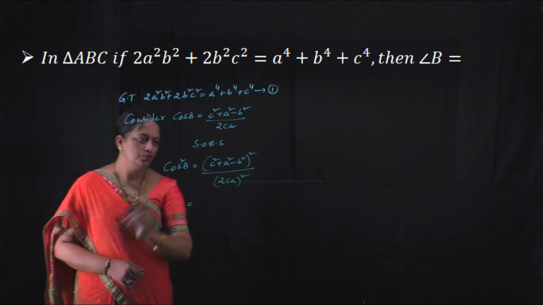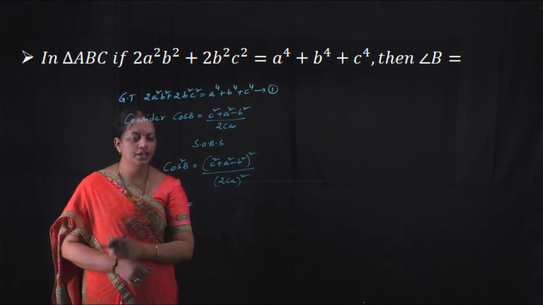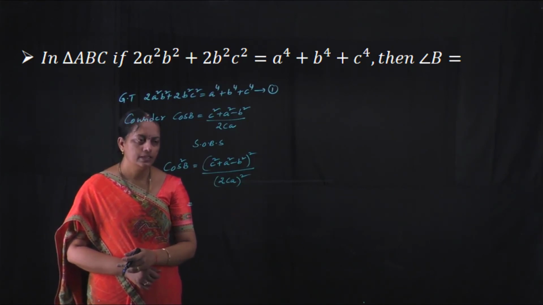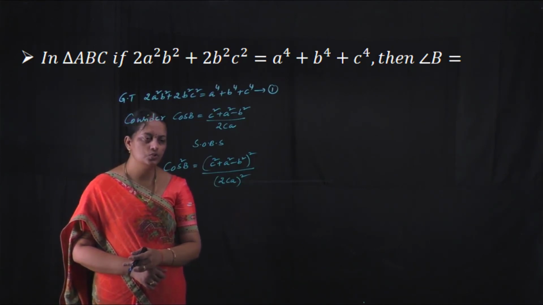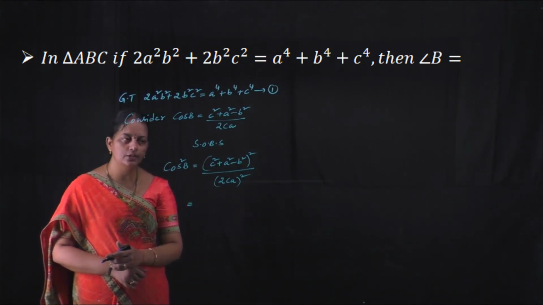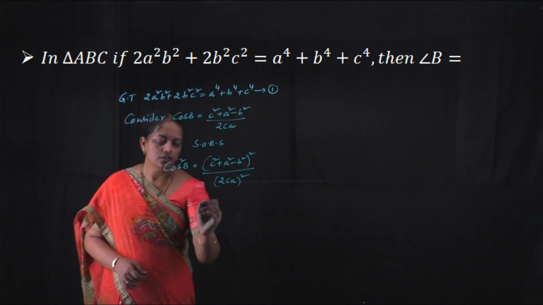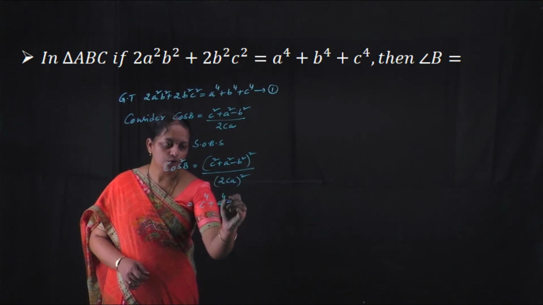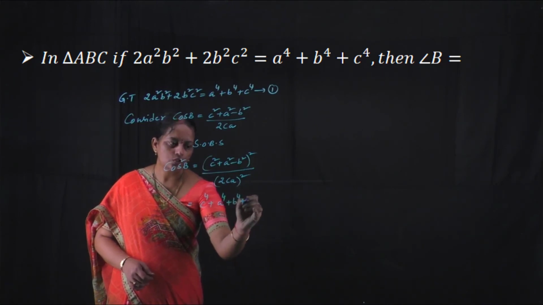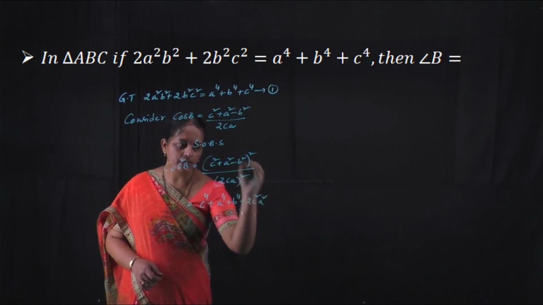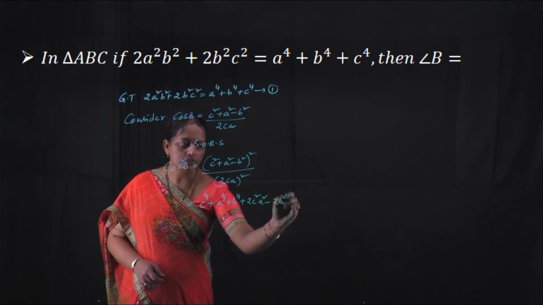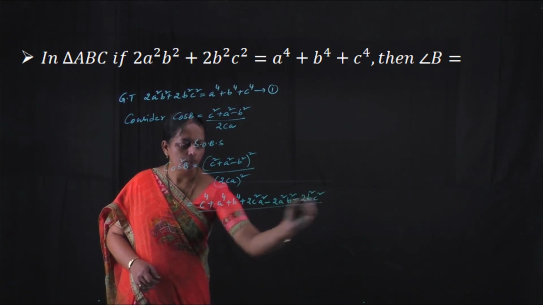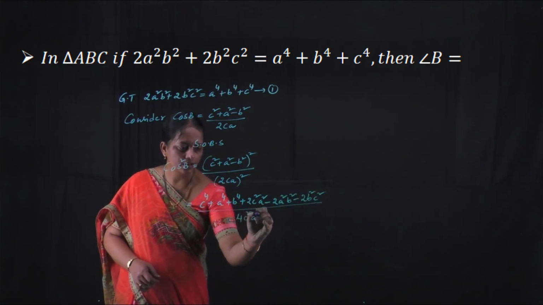In the numerator, it is in the form of a plus b minus c whole square, which is a square plus b square plus c square plus 2ab minus 2bc minus 2ca. By applying that, we get c power 4 plus a power 4 plus b power 4 plus 2c square a square minus 2a square b square minus 2b square c square by 4c square a square.